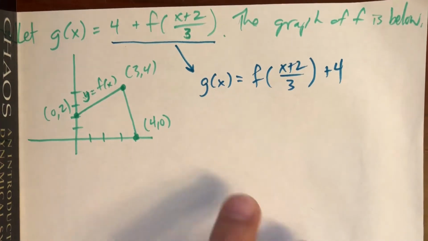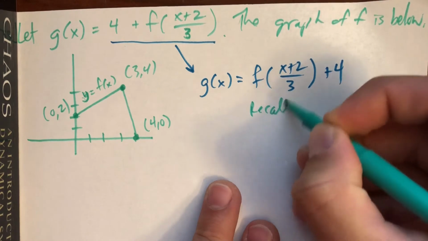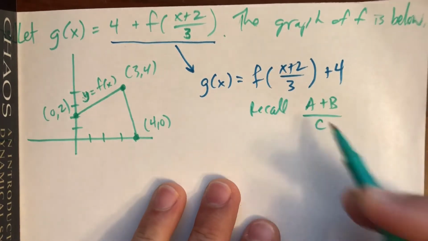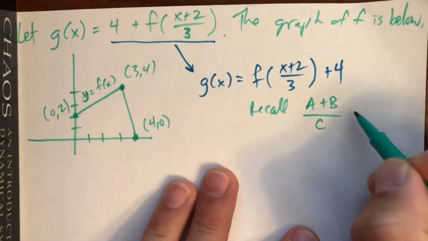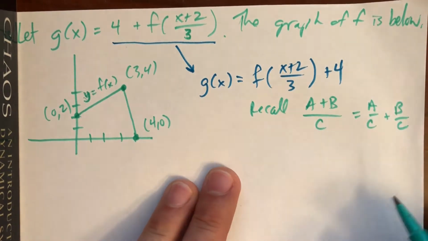So we can recall how fractions work, right? If I've got some sum over some number, I can split that up as 2 fractions, right?